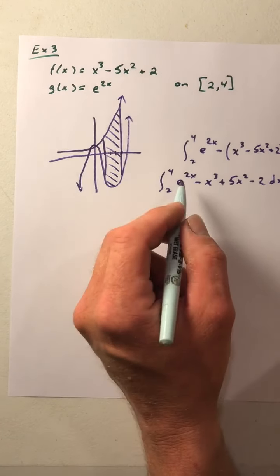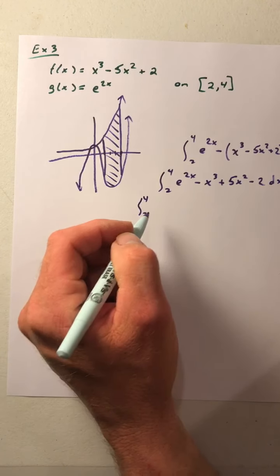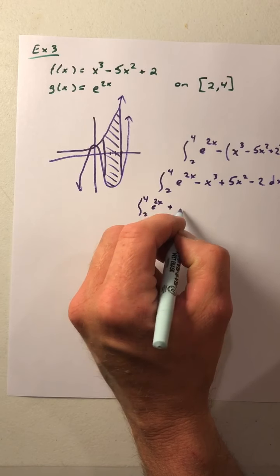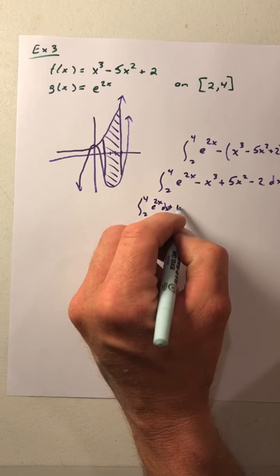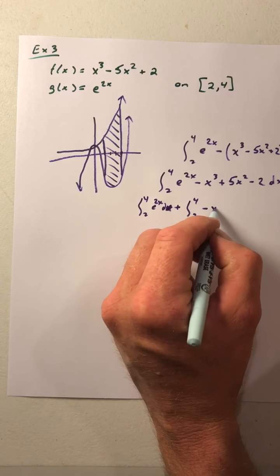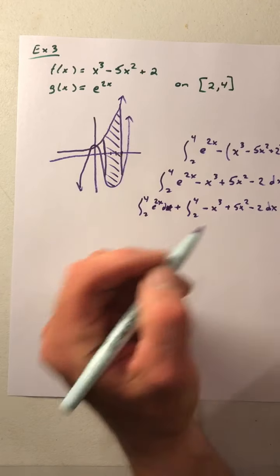Since we don't, we're going to do a little u substitution. So we're going to break this up: the integral from 2 to 4 of e to the 2x dx, and we're going to add to that the integral from 2 to 4 of negative x to the third plus 5x squared minus 2 dx.